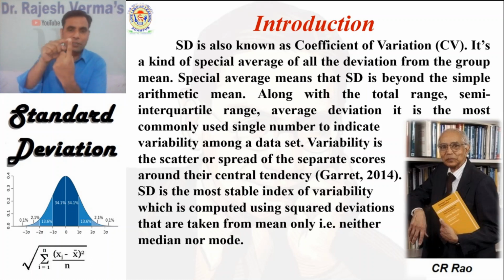This is the central tendency, the mean of the scores, and the scores are placed at these locations. The farther these scores are placed from the central tendency or the mean, the higher the variability, and vice versa is also true. It is the most stable index of variability, which is computed using squared deviations taken from the mean only, because it is neither median nor mode.